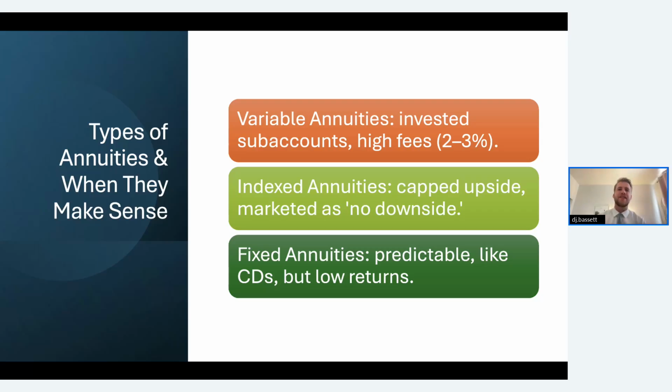This is the one that gets sold most often, with higher fees. Basically how it works is it is a mixture of both an insurance and an investment account, but it leans on the investment. Say you contact ABC Insurance Company and say, I want to buy a variable annuity.